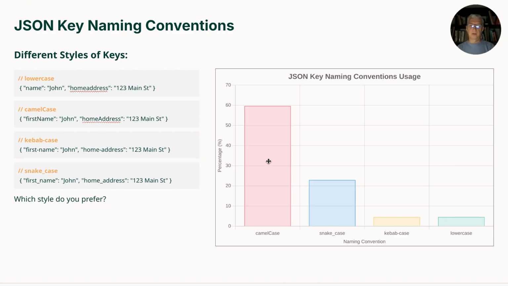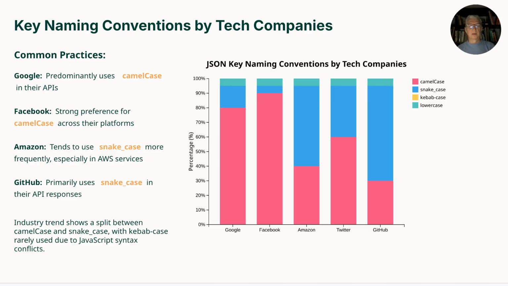It might not be completely accurate, but research shows that about 60% of APIs or JSONs use camel case, about 25% use snake case, and kebab and lowercase are very rarely used. But again, it depends on the company and the internal standards that you have.